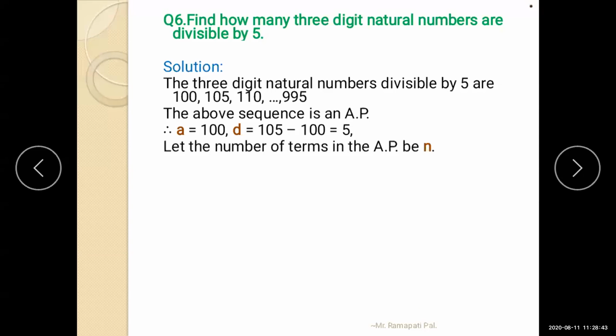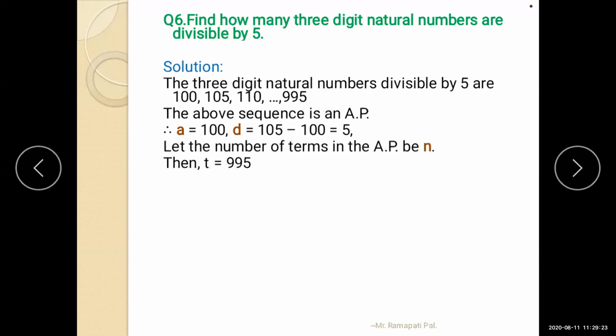Here Tn is given, the value present in the Tn position, that is Tn is equal to 995. But the value of n is not given, that we have to find. So to find the value of n, we are going to use the formula for Tn first.